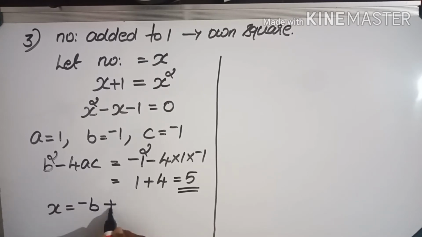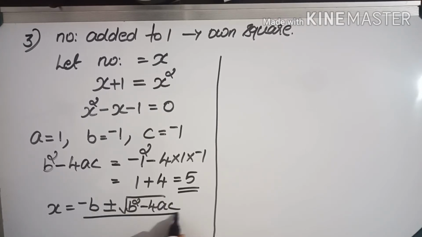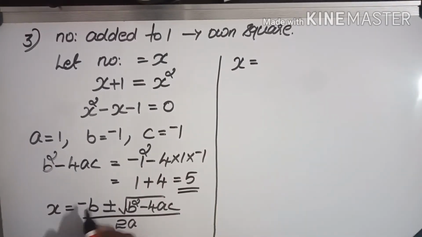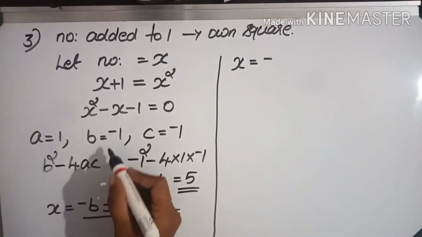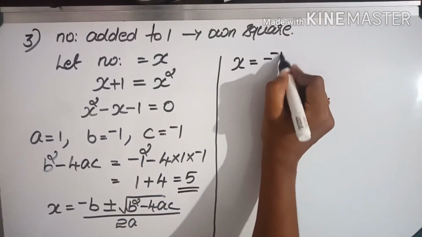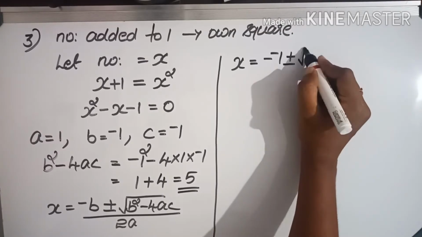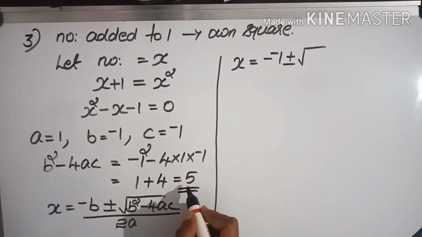Okay, now in the next step, let's write the equation, that is x equals minus b plus or minus root of b square minus 4ac, whole divided by 2a. Now in the next step, let's apply the values. So here minus b is minus 1, so again one negative, minus 1. Plus or minus root of discriminant, which is 5 here.